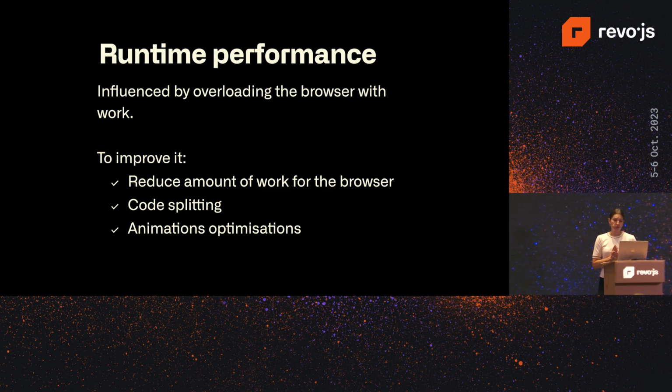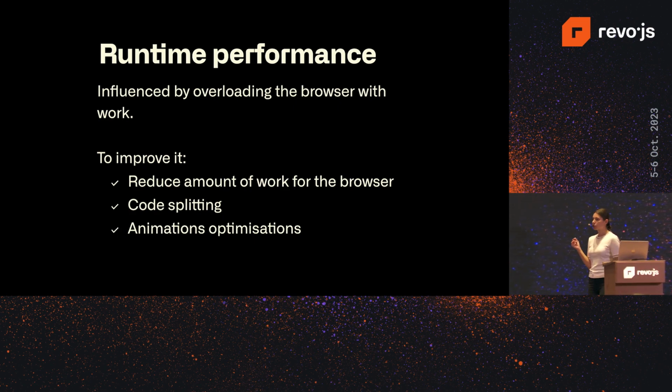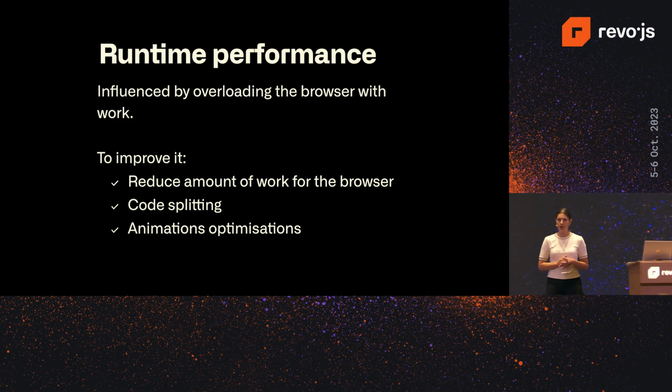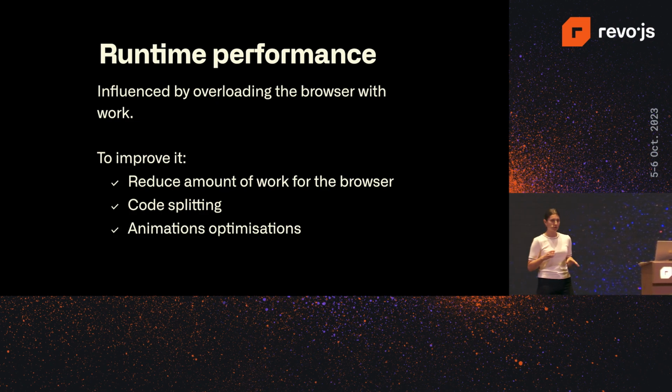Also, you might want to look into code splitting, so the pieces of code you're shipping are smaller and the browser has less to do at the beginning. And also do some optimizations for the animations, because the animations are usually where you see the jank. For example, as mentioned in the previous talk, adding or removing items from the page is heavy for the website.